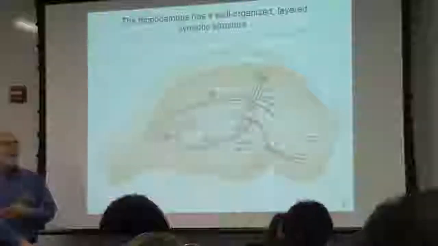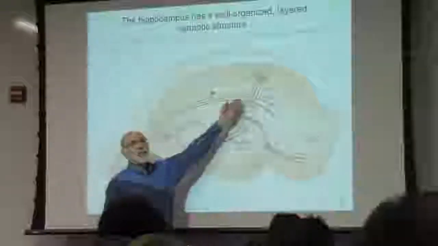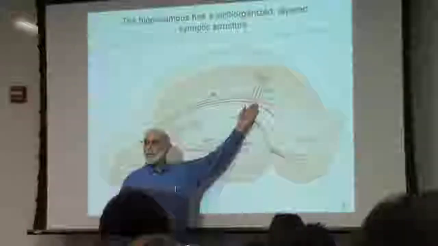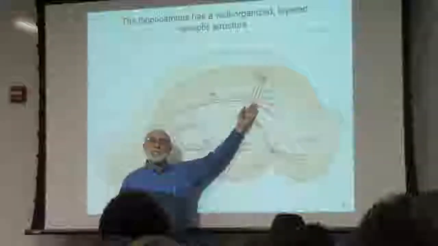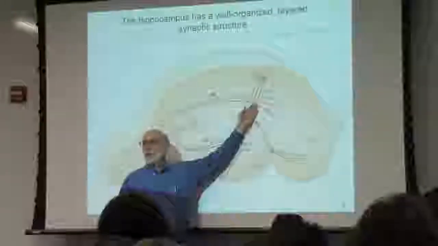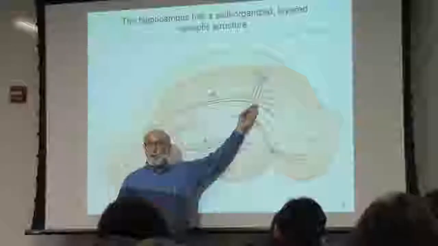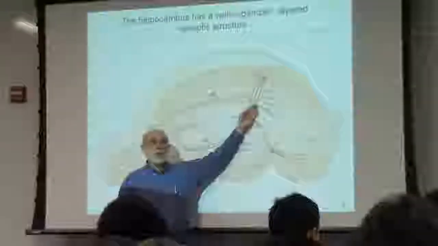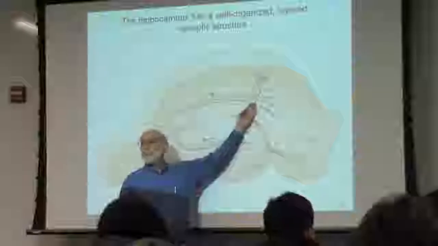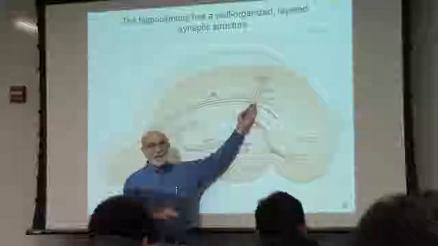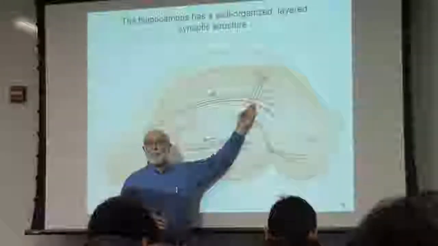When you form a memory, there is potentiation of this synapse. Potentiation means it is stronger. You get a larger EPSP after the formation of memory than before. This synapse strengthens, potentiates during the formation of memory.